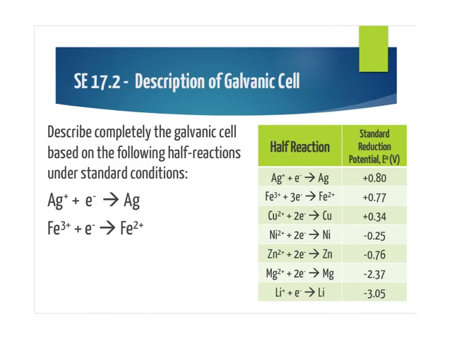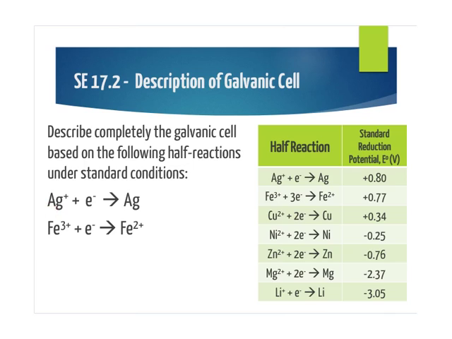Okay, so here we are being asked to describe a galvanic cell based on these half reactions under standard conditions. And we are given a standard reduction table, and we're given two half reactions. But notice both half reactions that we're given are reduction reactions, which is not possible. So one of these has to be oxidized, and I have to figure out which one.